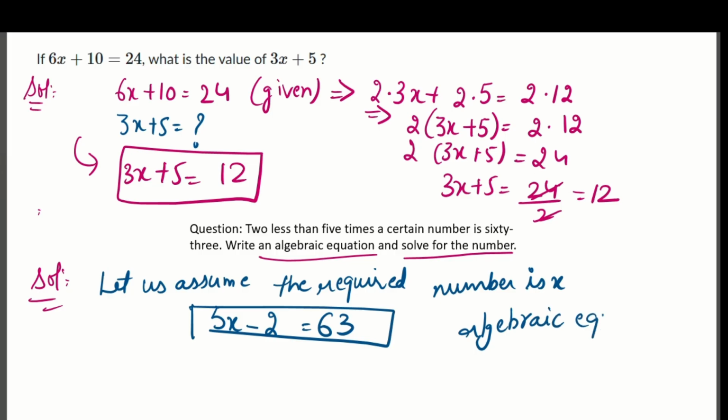Sometimes you have to solve these questions very carefully, otherwise you will answer wrong. You can't say these are difficult questions. These are very easy questions, but confusing. Solve for the number: 5x is equal to 63 plus 2, so x is equal to 65 upon 5, that would be equal to 13.